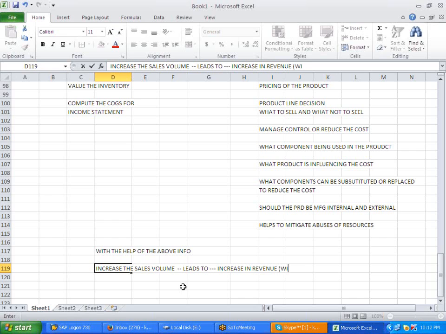Increase in revenue with controlled cost. You're trying to control the cost and get the revenue. So ultimately, when they are getting that revenue with a controlled cost, it helps them to increase the overall profitability of business.